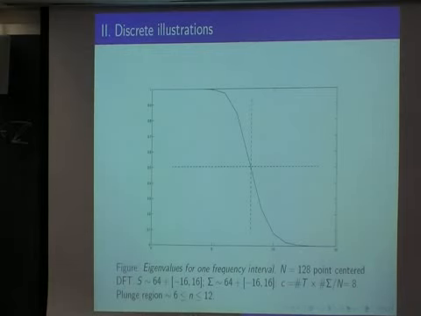So this is just an illustration of the eigenvalues with a 128 point discrete Fourier transform. And the area here, now you can't talk about area in the same way as on the real line, but you can talk about normalized area. So that means the number of time points times the number of frequency points divided by n. Okay.